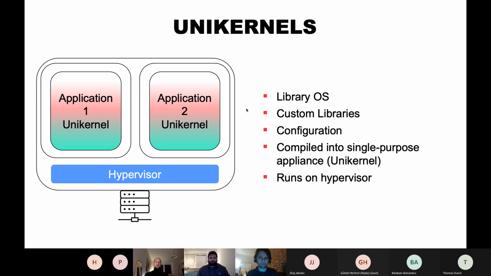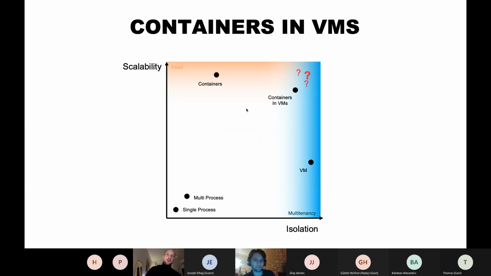You have one unit and all the functionality that's not used is stripped at compile time. So you'll have a very small image, a very small attack surface, and also maybe the dream solution for IoT, with some caveats though, because you are limited to the programming language of the library operating system. Okay, so unikernels are what could remove at least one of the question marks in this corner of our comparison plane.